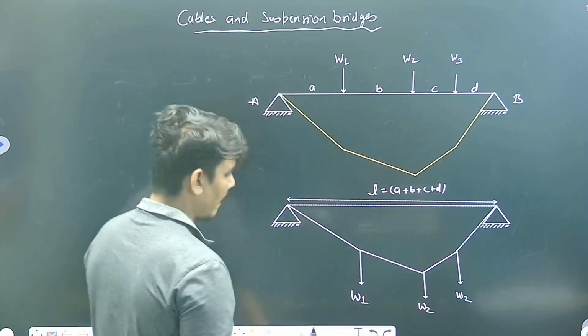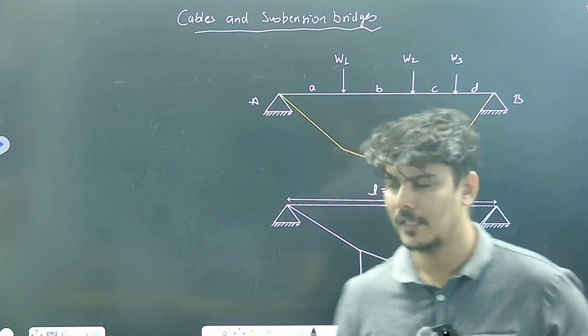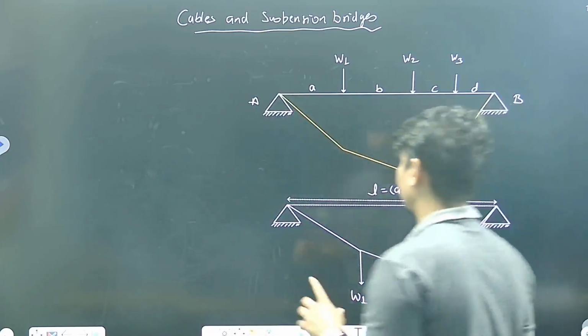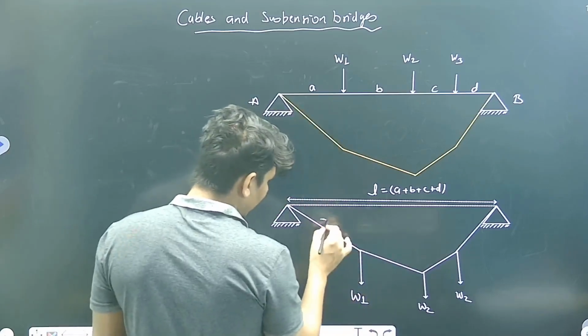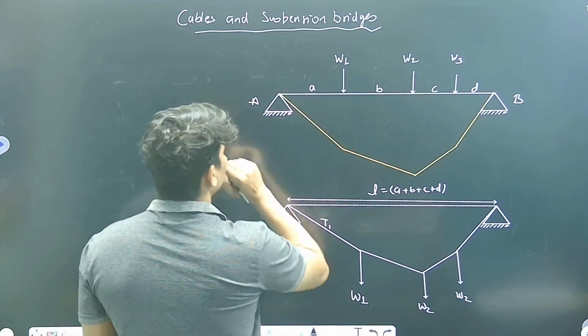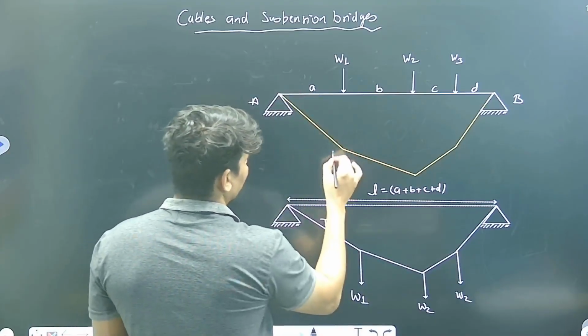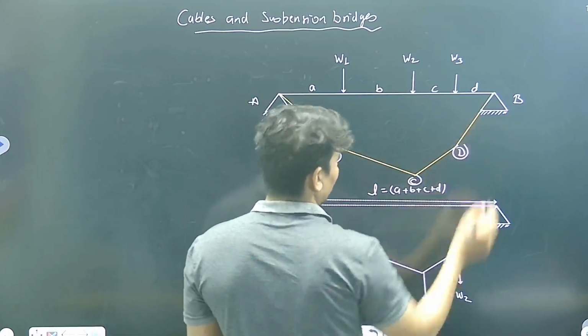right? Now two types of question may arise from this chapter. First, you have to find the tension force generated in the string. तो उसको कुछ नाम दे देते हैं सब. This is A, this is B, C, D, right?